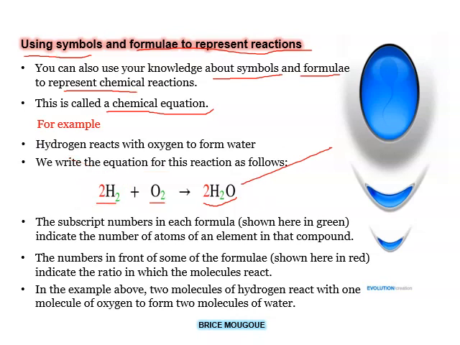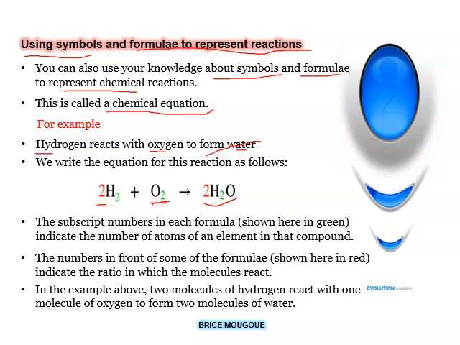Now, this is the example of hydrogen reacting with oxygen to form water. And the equation is written as follows. Oxygen on the one side and hydrogen on the other.